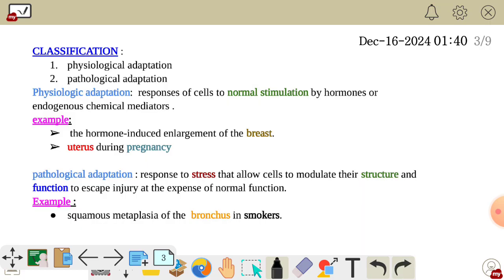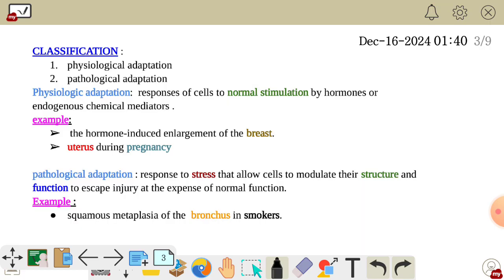So the breast will become larger in size. And then another example is uterus during pregnancy. So the uterus as well will increase in size during pregnancy. So that's a very good example of physiological adaptation. So the cells are adapting to the stress.